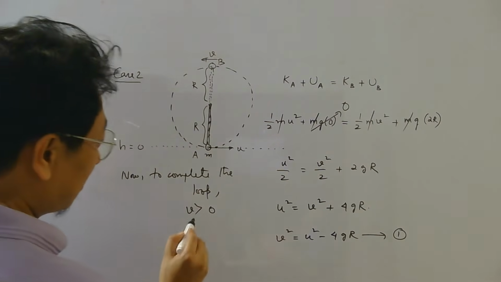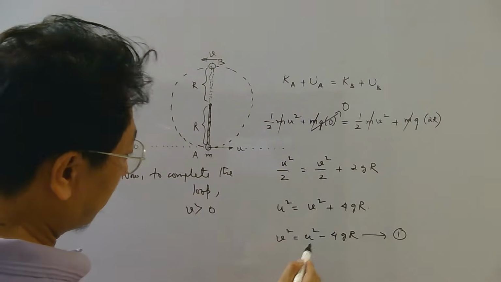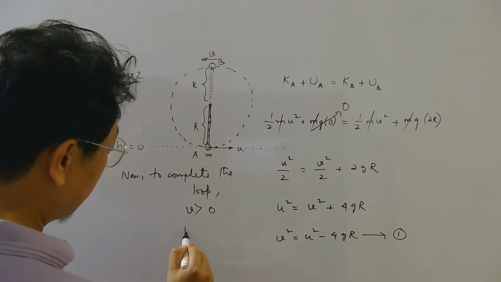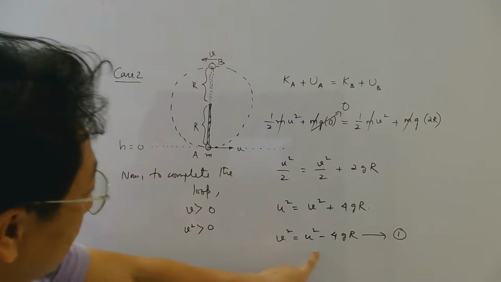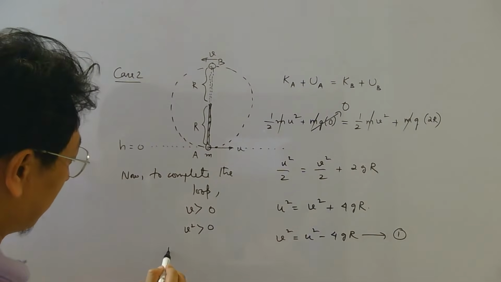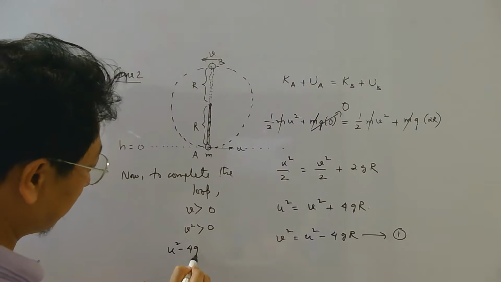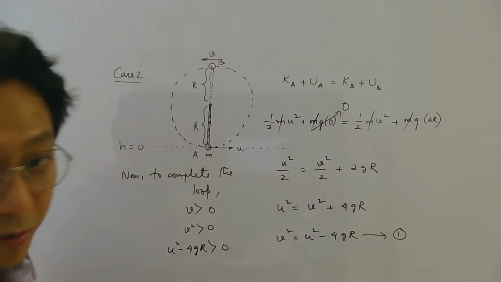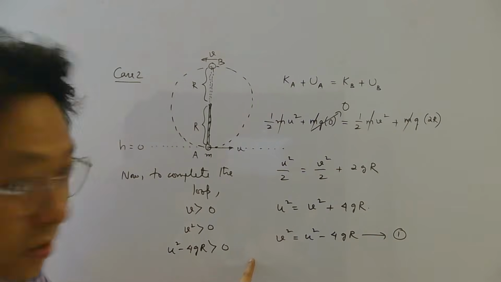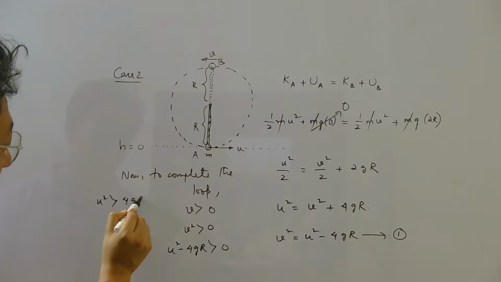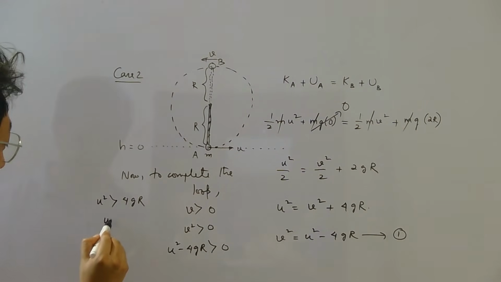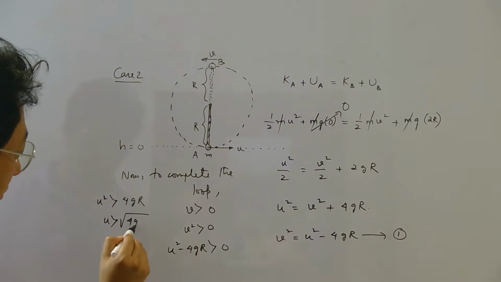So v should be greater than 0, which means v square also should be greater than 0, right? And if v square is greater than 0, you can substitute v square here. What will you get? u square minus 4gr should be greater than 0. So if you take 4gr this side, you will get u square should be greater than 4gr. So u should be greater than square root of 4gr.